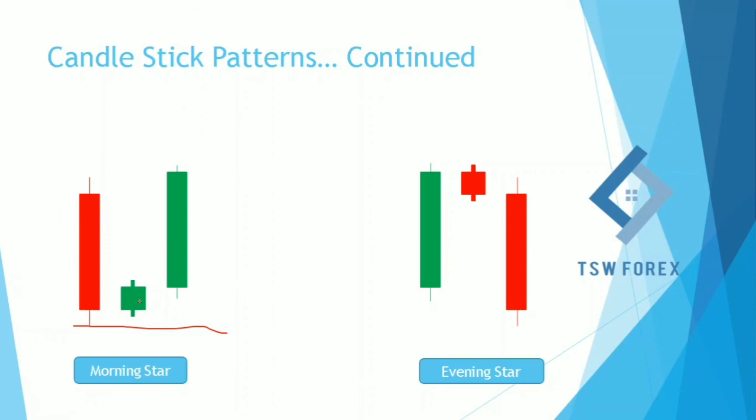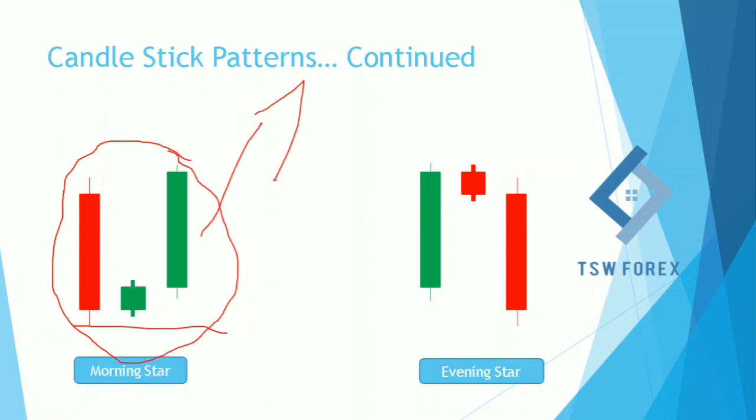I'm at support, what am I supposed to do? And then you see this massive green candle form, showing that bulls are ready to move the market up. This is a three candlestick pattern, you normally see the three together. When you see this star on support, the market normally moves up.